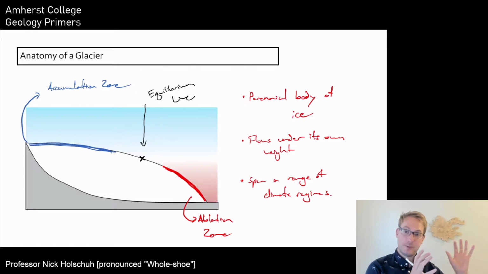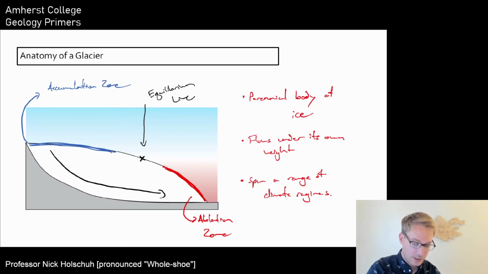So this is why it's really critical that a glacier spans a range of climate regimes. If, for example, this glacier just lived in an environment where snow falls and sticks around, then that glacier would build up and up and up infinitely. But because ice flows under its own weight, as it builds up, it will flow away from that climate regime. And it will flow into an area where that net accumulation isn't positive. So ultimately, this system maintains balance because ice flows from the accumulation zone into the ablation zone.